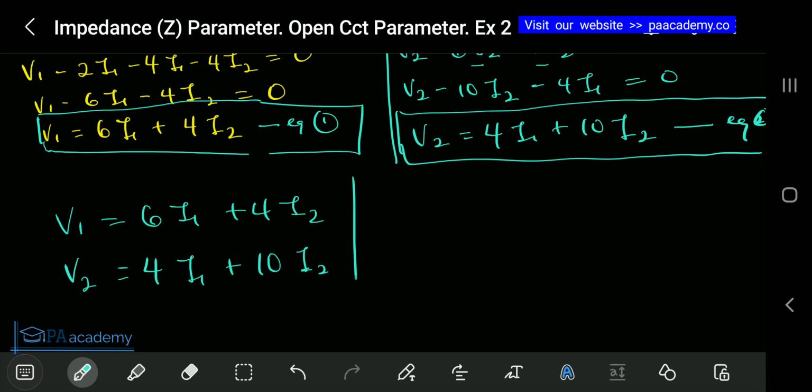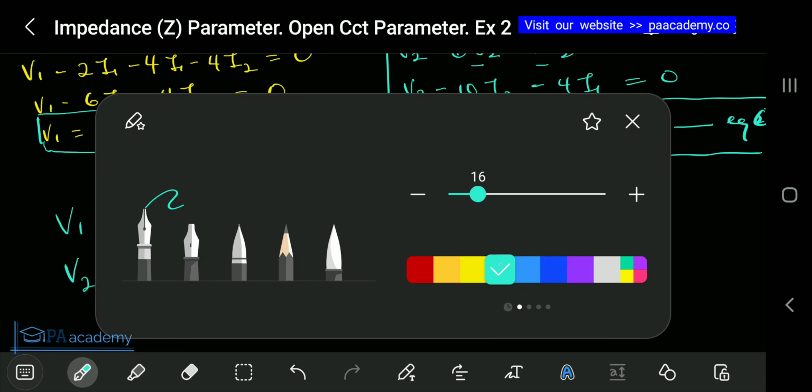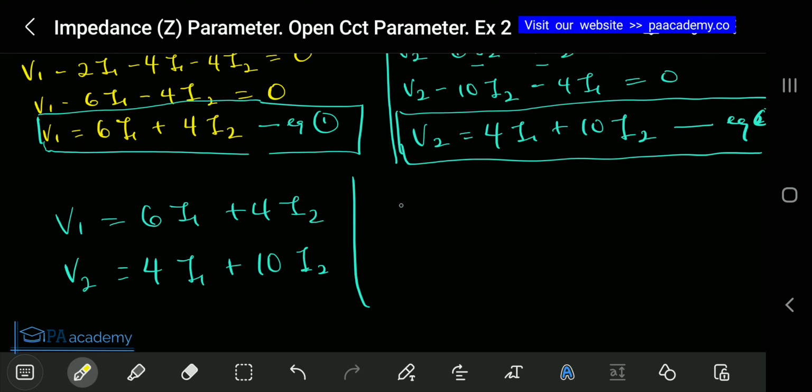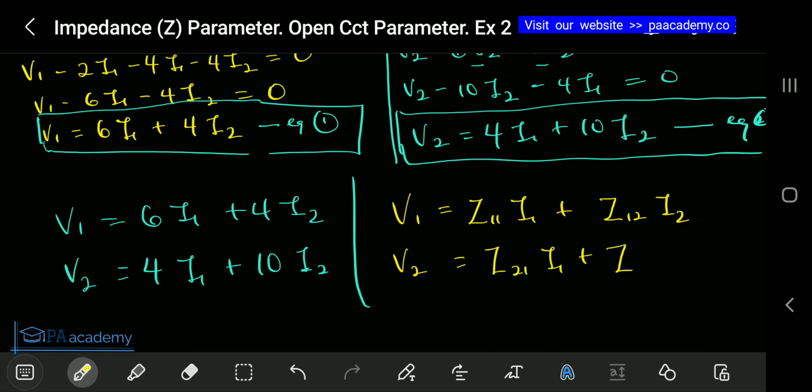Okay, so now if we compare it with the Z parameter equation, we're having V1 is equals to Z11I1 plus Z12I2. Then we have our V2 equals to Z21I1 plus Z22I2. Okay, so now let's compare them side by side. Compare this with this, compare this with this.